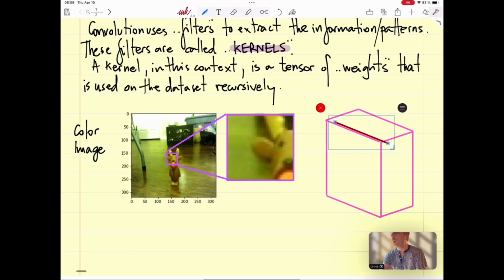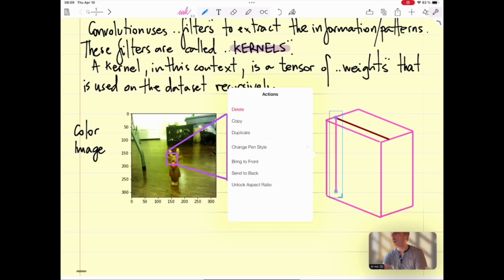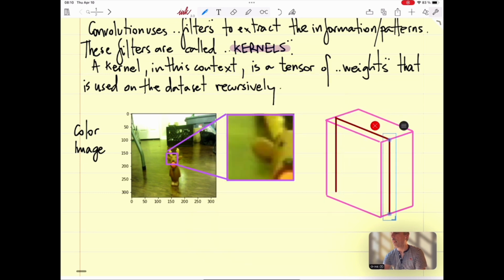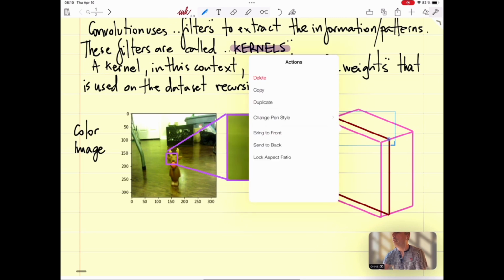First layer is going to be the red channel, and here we have a bunch of pixels. Then we have the green channel.